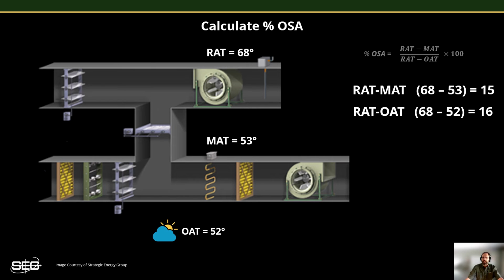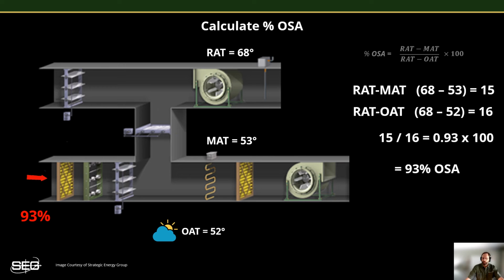Then we have the outside air temperature of 52. 68 minus 52 equals 16. Then 15 divided by 16 equals 0.93, and we will multiply that by 100 to convert to a percentage, and this equals 93% of outside air.